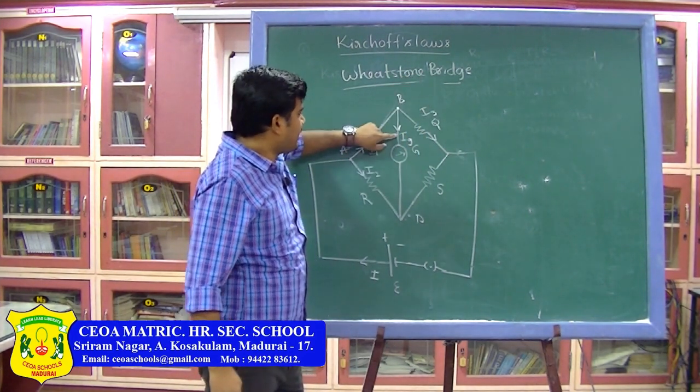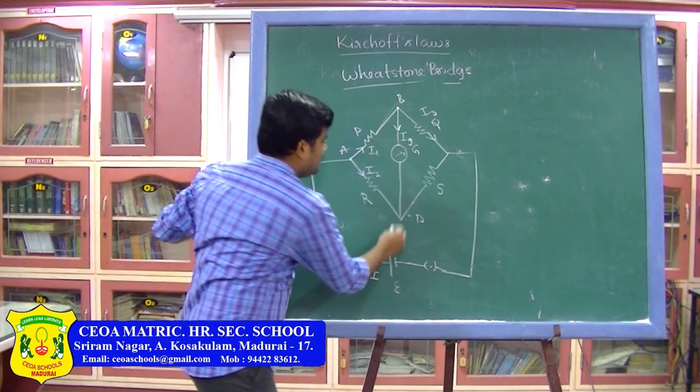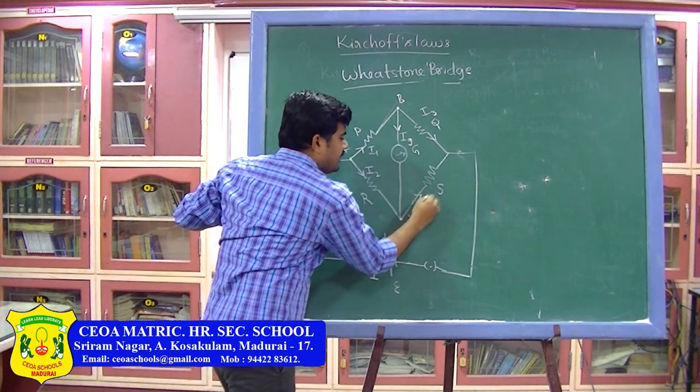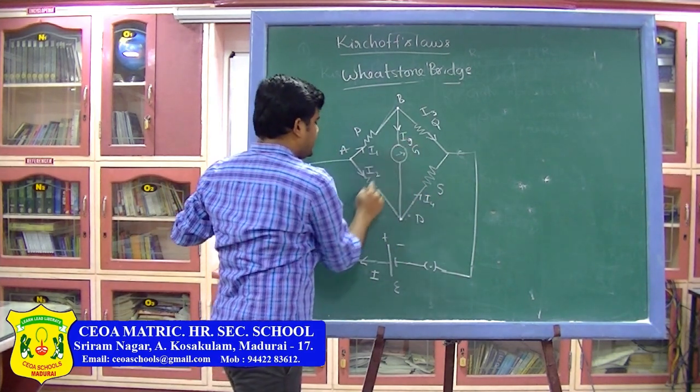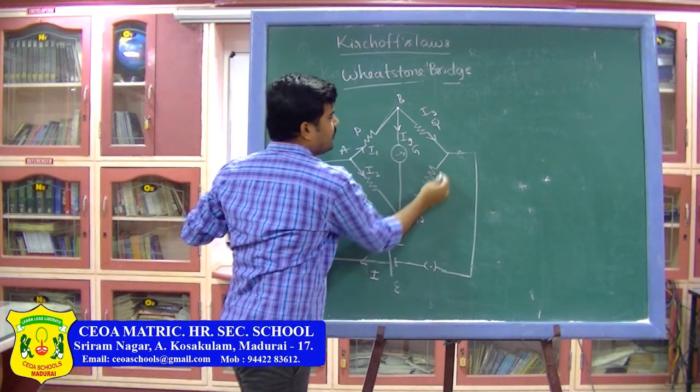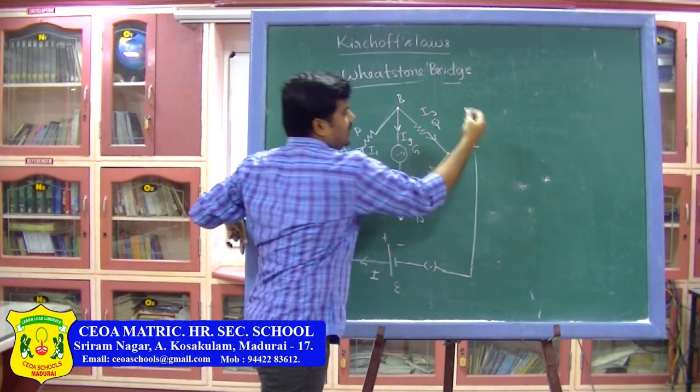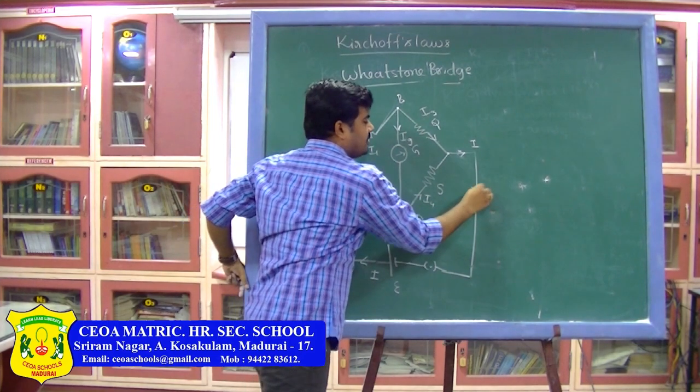Next this Ig and I2 are towards this junction, where they will become the current I4. So Ig plus I2 will be equal to I4, where I3 and I4 become again the total current. So this is the current direction in the circuit.